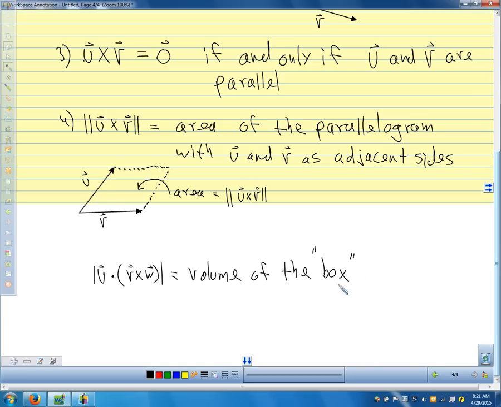Fancy word for box is parallelepiped, because we would make another side that comes up, so it's kind of a little slanted box. Volume of the box with u, v, and w as adjacent sides.